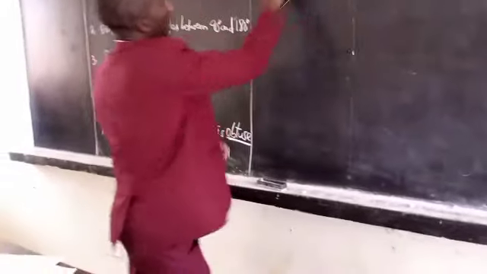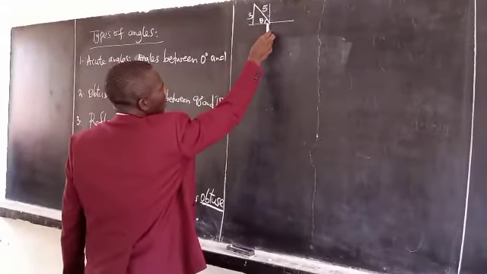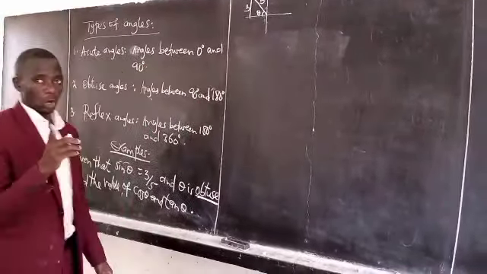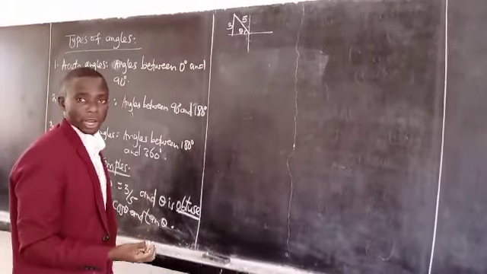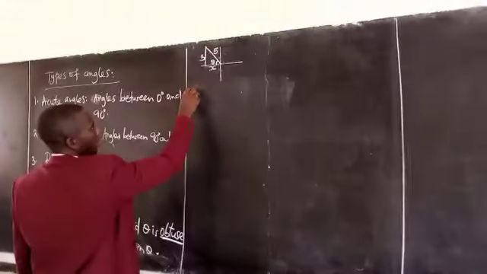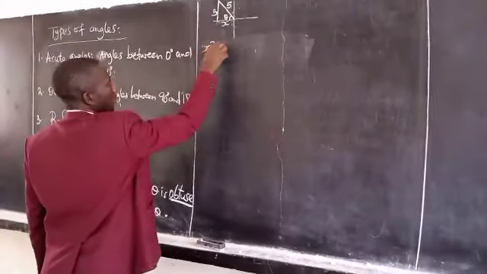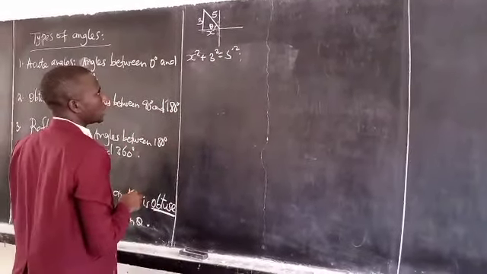Then we have to find the magnitude of here. In O level and even in primary we studied Pythagoras theorem. If this is x, then x squared plus 3 squared equals 5 squared.